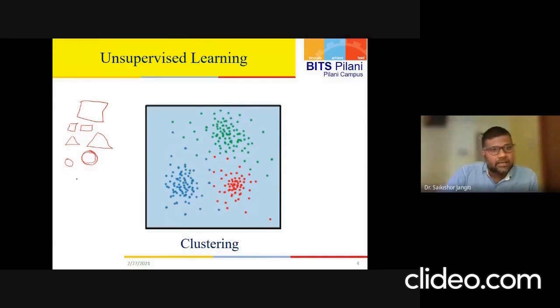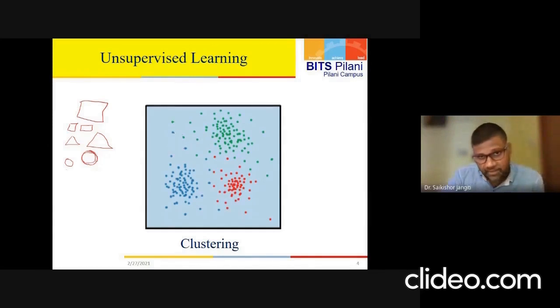So there the kid might have his intuition or logic, like he can make the circular things into one group and polygons into another group, or he can make small things into one group and big things into another group. So these objects can be divided into several groups using several strategies. And those strategies to divide these objects into groups are known as clustering techniques.